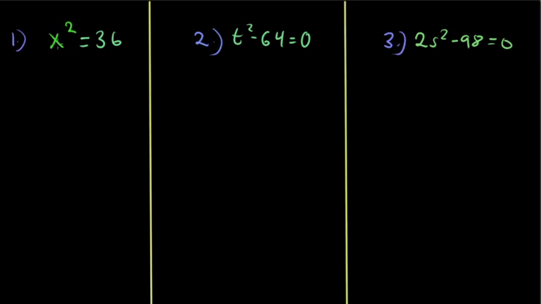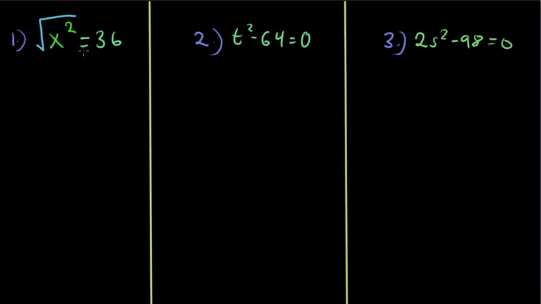Ng alin? Nung x. Kasi siya yung naka-raise sa square, sa 2. Paano ko i-extract yon? You simply put that, the whole thing, under the radical sign. That's how you extract the root. You put the radicand under the radical sign. Yung hahanapan mo ng root.